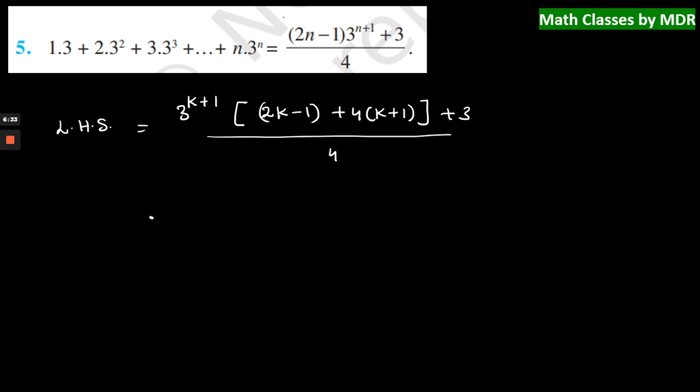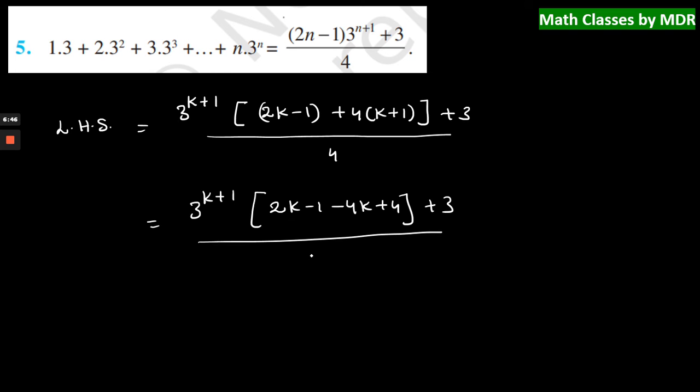So let's simplify this and we'll check what we have. 3^(k+1) into (2k minus 1) plus 4k plus 4 plus 3, upon 4.